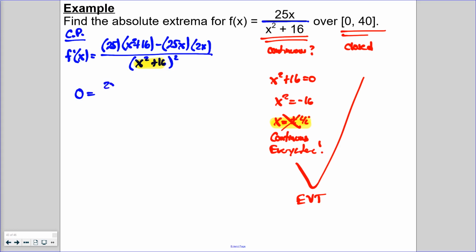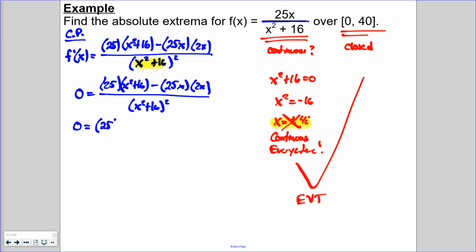So we're going to figure out when 25 times x squared plus 16 minus 25x times 2x, all over x squared plus 16 squared, is equal to 0. Now, when is a fraction equal to 0? A fraction is equal to 0 when the numerator equals 0. So that's going to be 0 equals 25 times x squared plus 16 minus 25x times 2x.